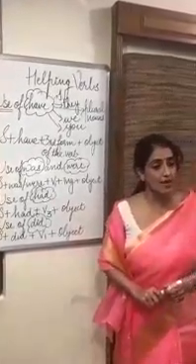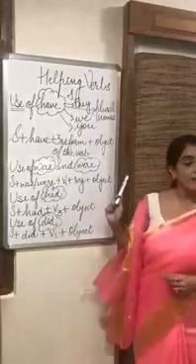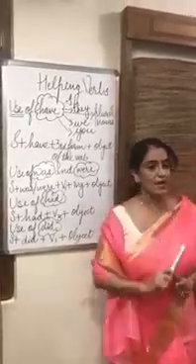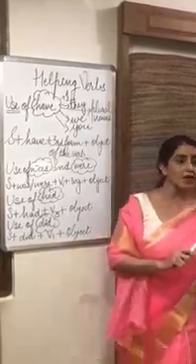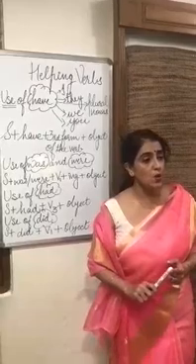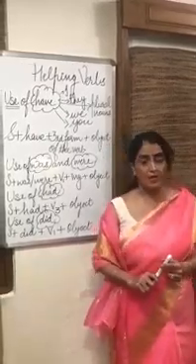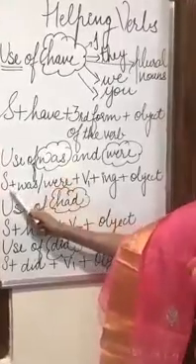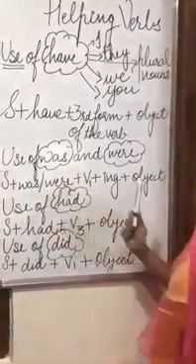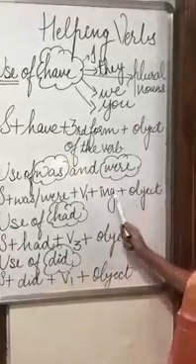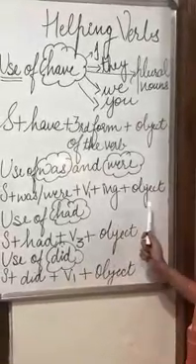Was is used with subjects I, he, she, it and singular nouns. Whereas were is used with they, we, you and plural nouns. So the format becomes subject, and as per the subject we'll choose was or were. We'll use first form of the verb along with ing and the object.